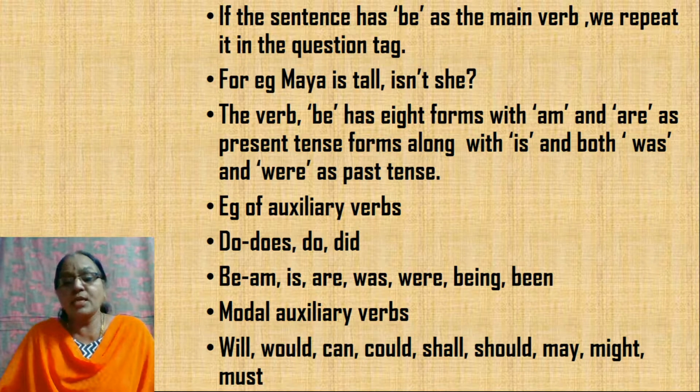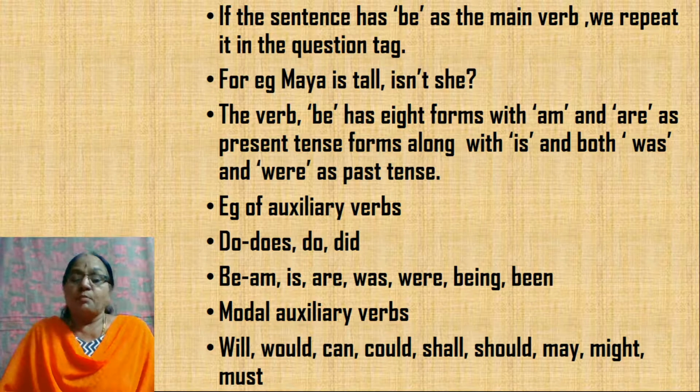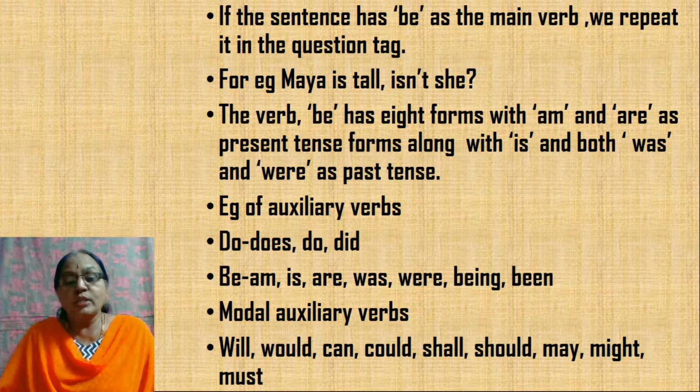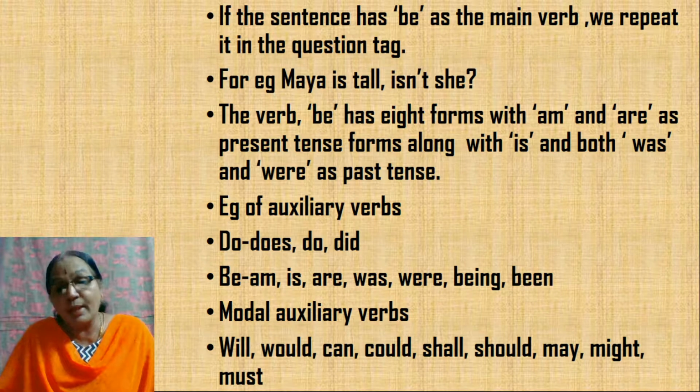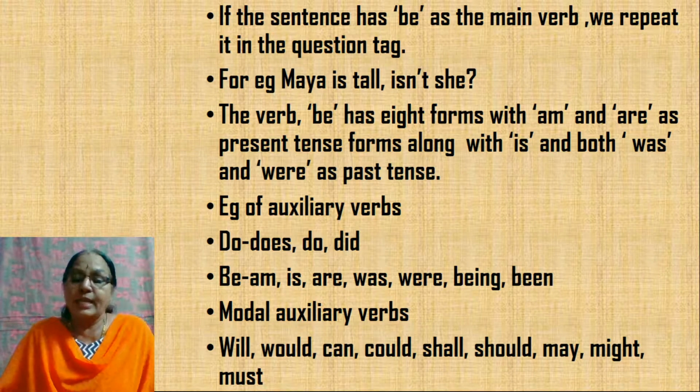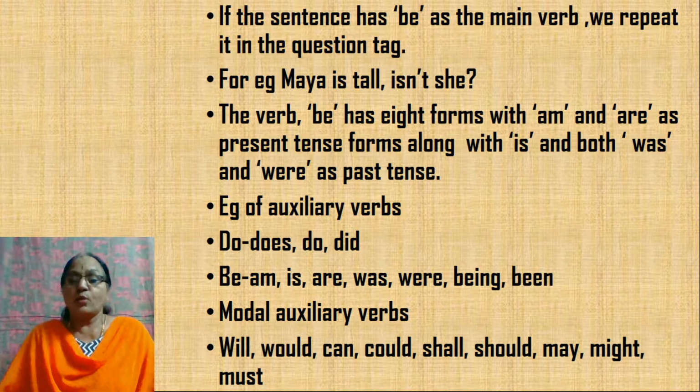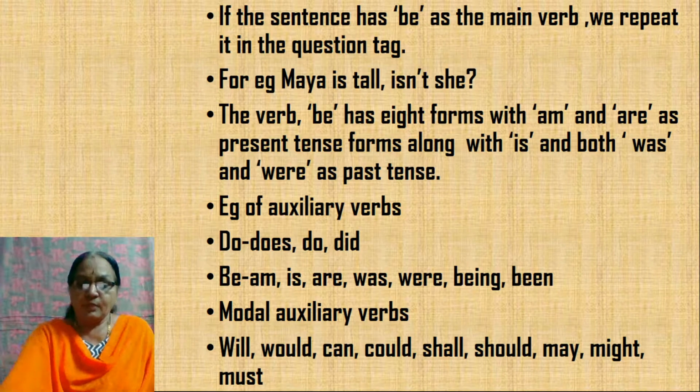Then we have been, etc. What about modal auxiliary verbs? Okay, so children, you might have all heard about modal auxiliary verbs. They are will, would, can, could, shall, should. Then may in the present tense, might in the past tense, then must. So these are all examples of modal auxiliary verbs.